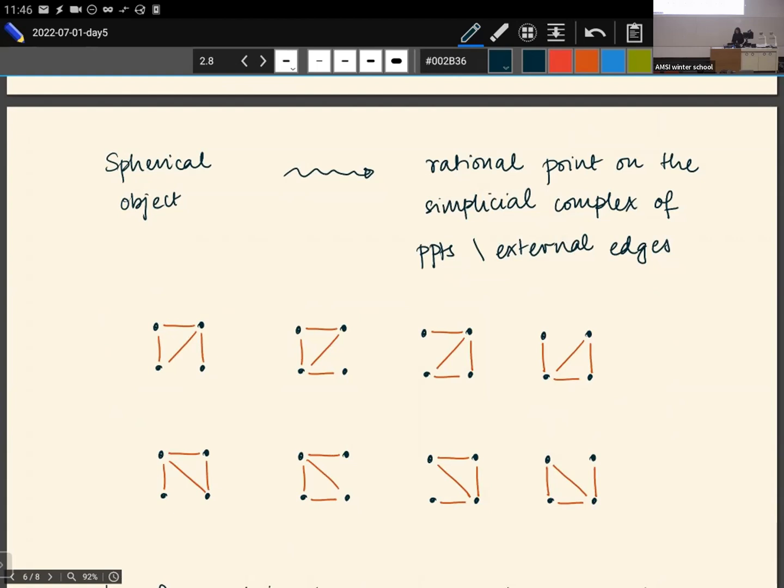So I'm thinking of this object here as a 3-simplex, which lives in some big real space, R3, let's say. And so rational points are, if I assign integer weights to each edge, I'll get some point inside of this 3-simplex, which has rational coordinates.